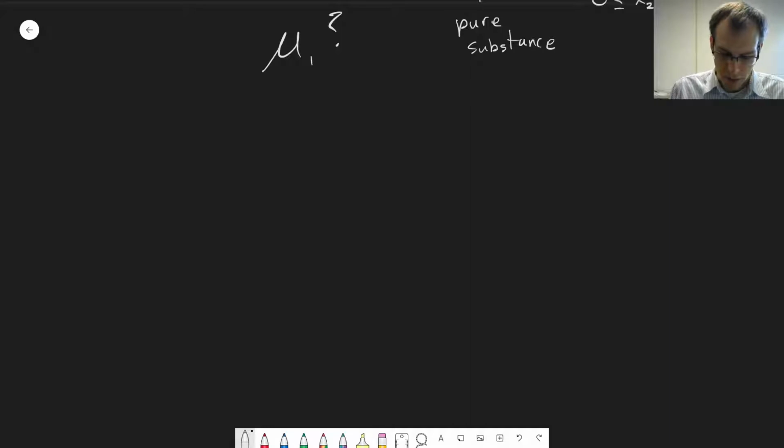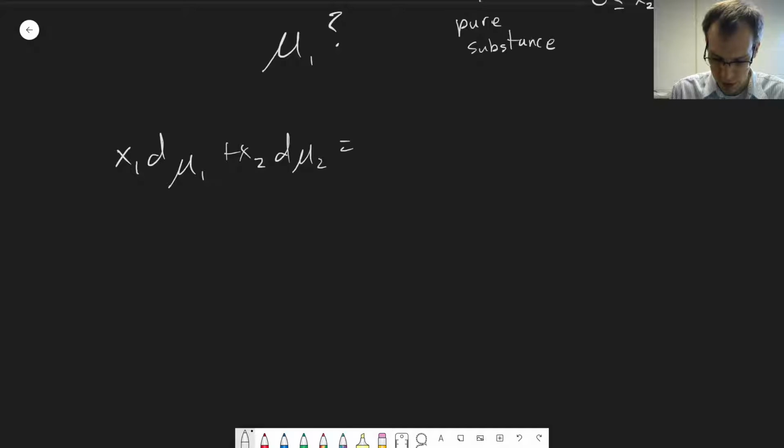So if we solve the Gibbs-Duhem equation, which again is x1 d mu 1 plus x2 d mu 2 equals 0, let's solve this for mu 1. That's the one we want to find.